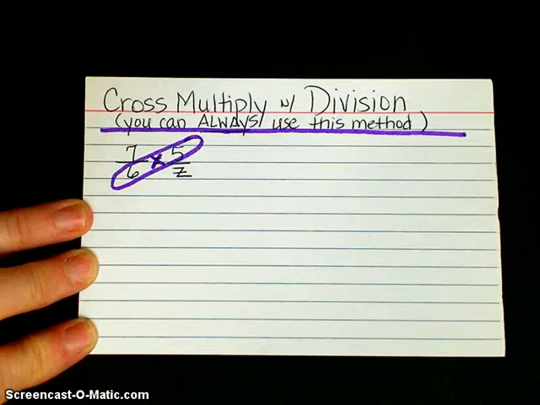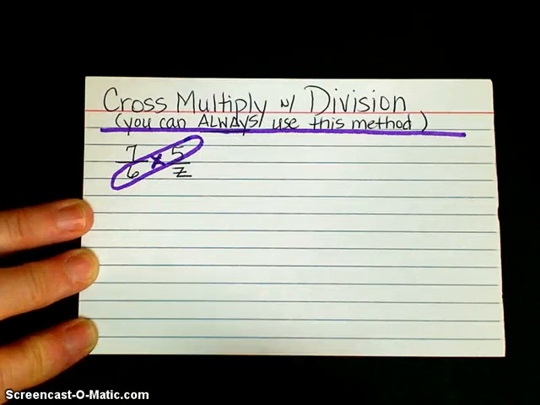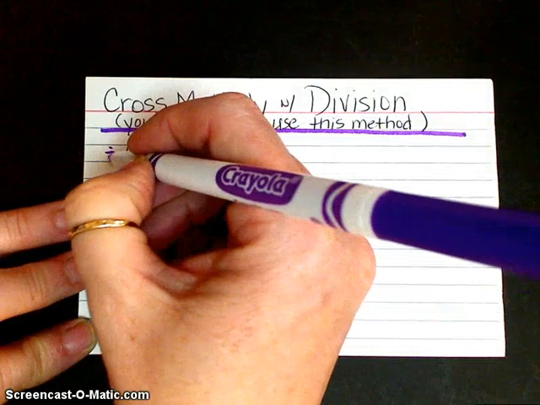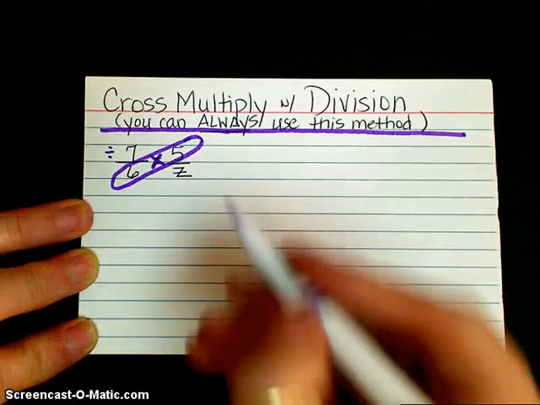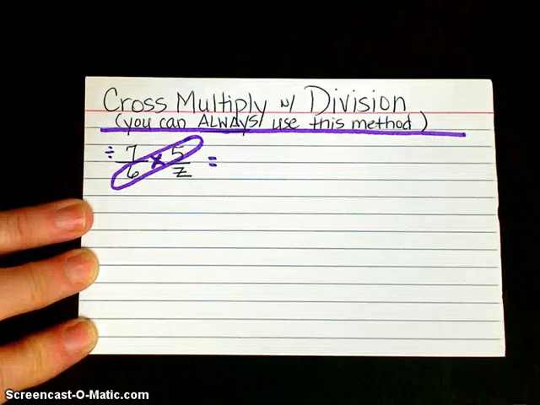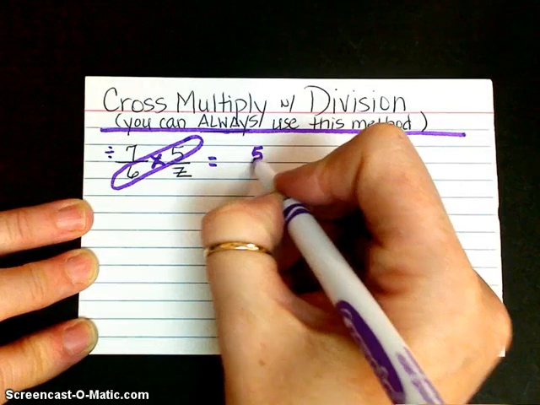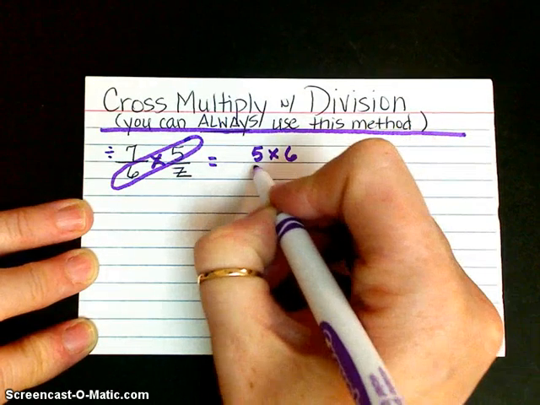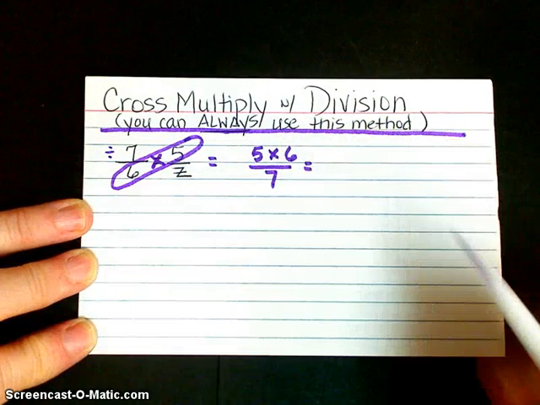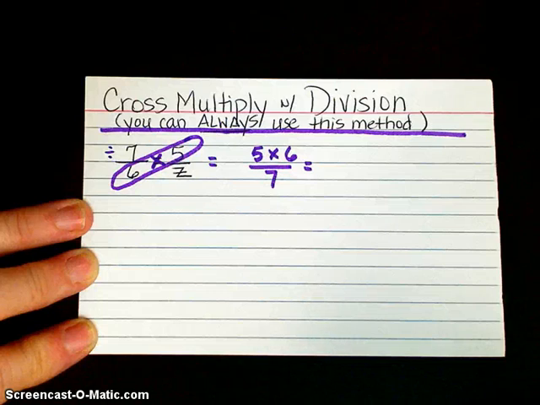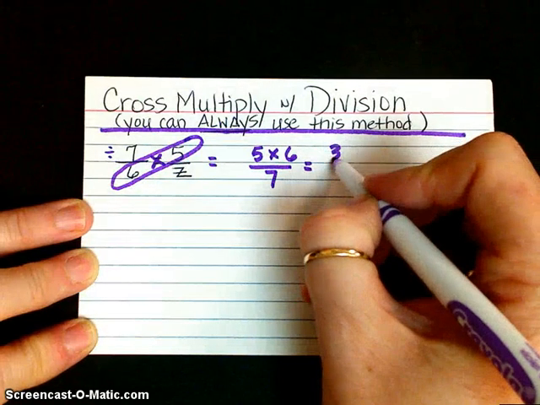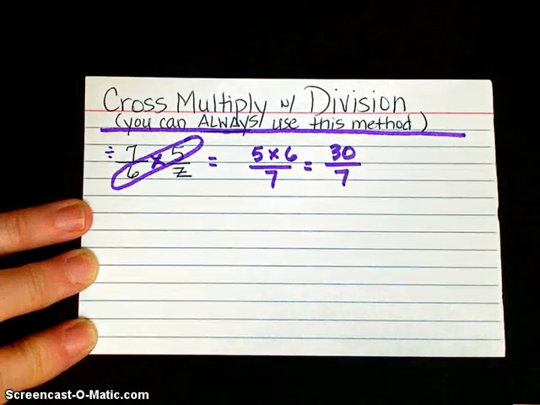Then I look in my proportion and I find the only other number that's left. Not the variable, but the only other number. And that's 7. So I'm going to divide by 7. So guys, what this is going to end up looking like is 5 times 6 divided by 7. 5 times 6 is 30, and then 7 is on bottom.